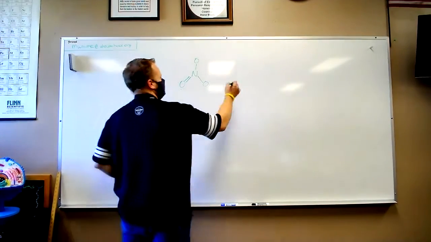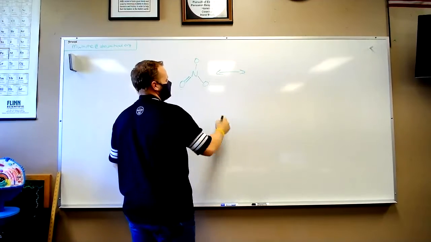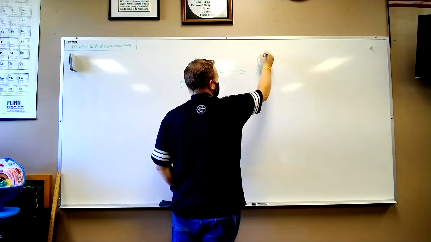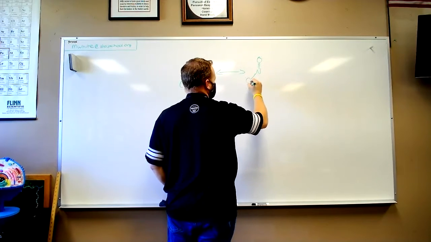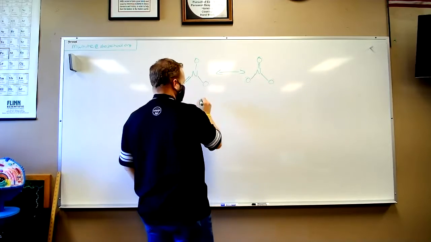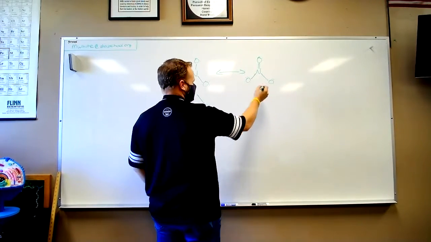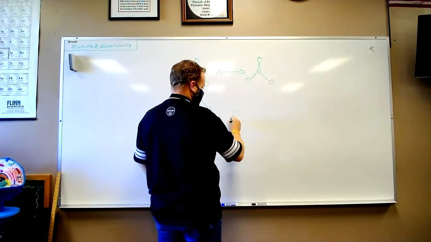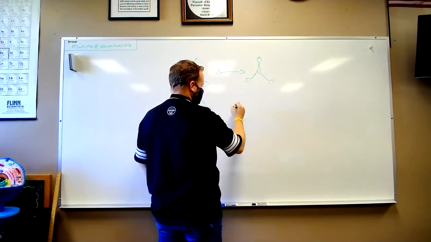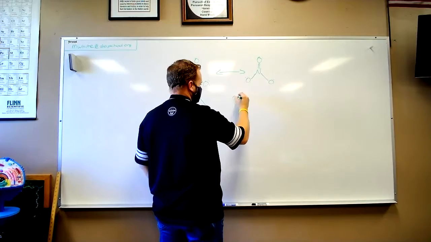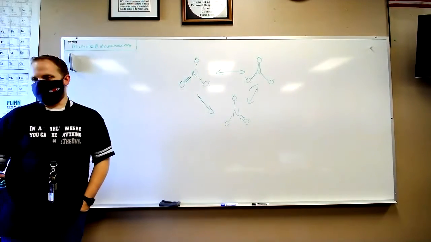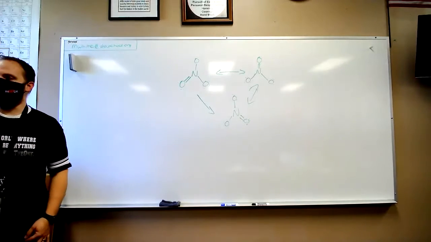And typically we're going to put arrows in between them. So if we put it up top, and then we also have one more over on this side. So we have 3 resonance structures because there are 3 different possibilities of where we can put the double bond.